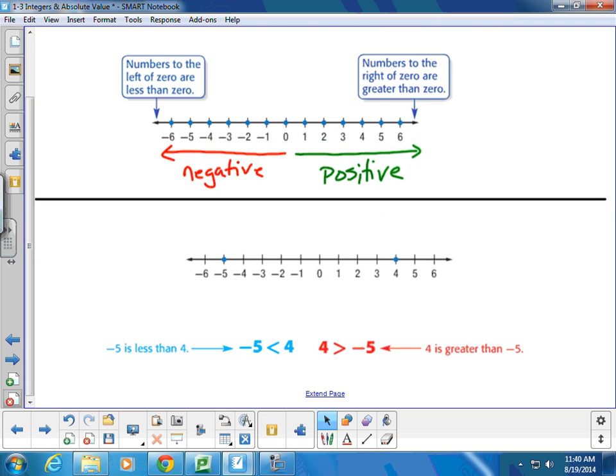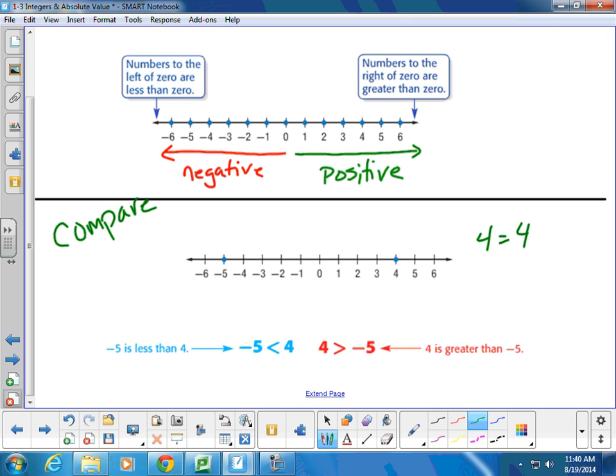We also have inequalities. Well, we know that if I said 4 is equal to 4, you wouldn't argue. That's true. But we have numbers, we are able to compare them. This is when we're going to be comparing integers, which we'll do on the next page. When you compare something, you kind of evaluate one against the other. So if I wanted to compare -5 and 4, I can use this number line to plot those points at -5 and 4.